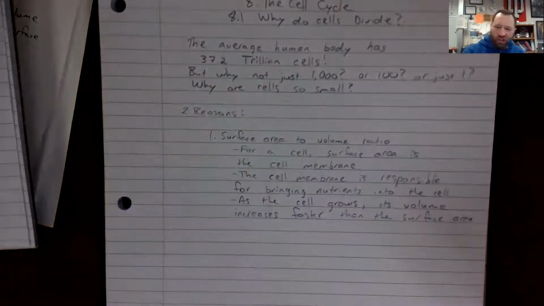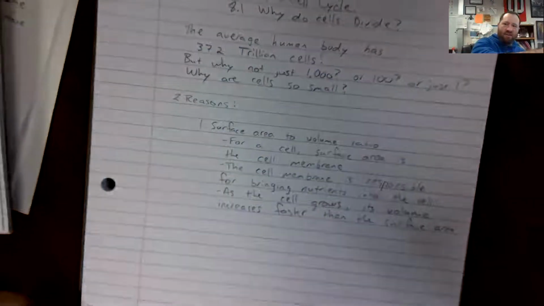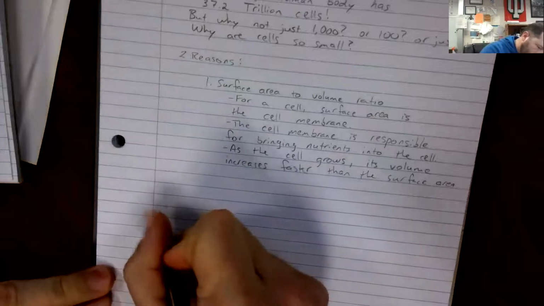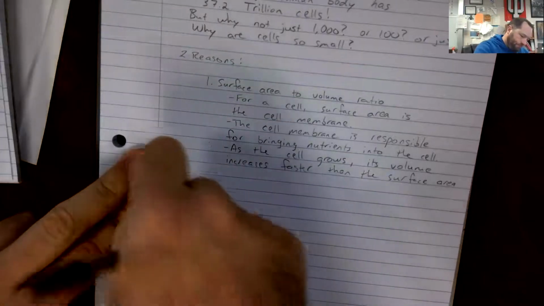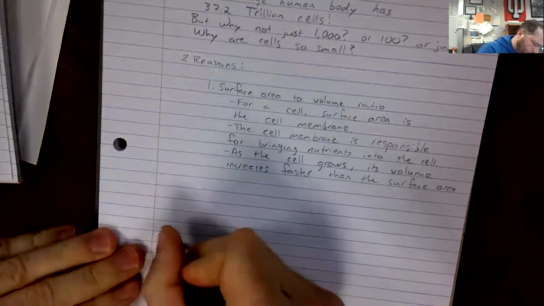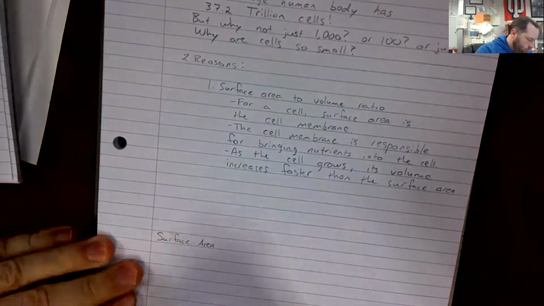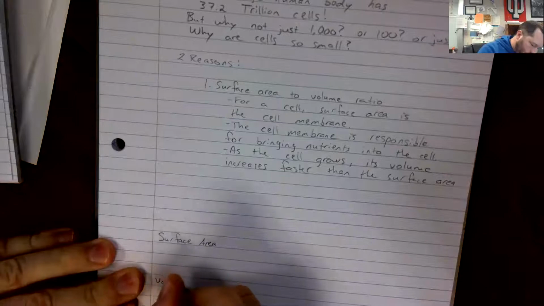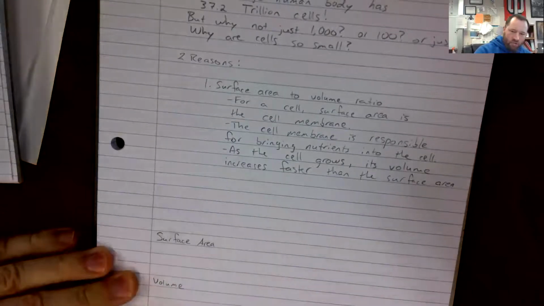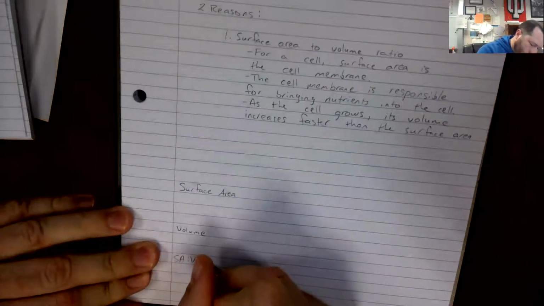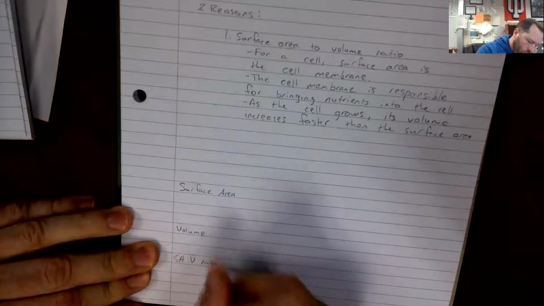So let's take a quick look at that in detail here and put your artistic ability to work. So we'll compare three things: the surface area, the volume, and the surface area to volume ratio.